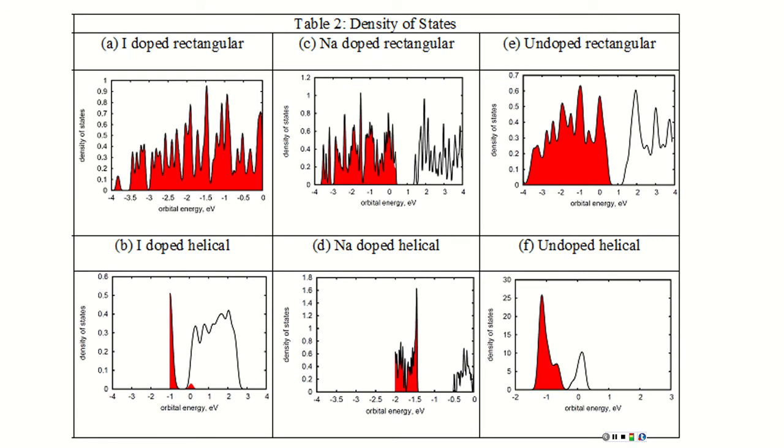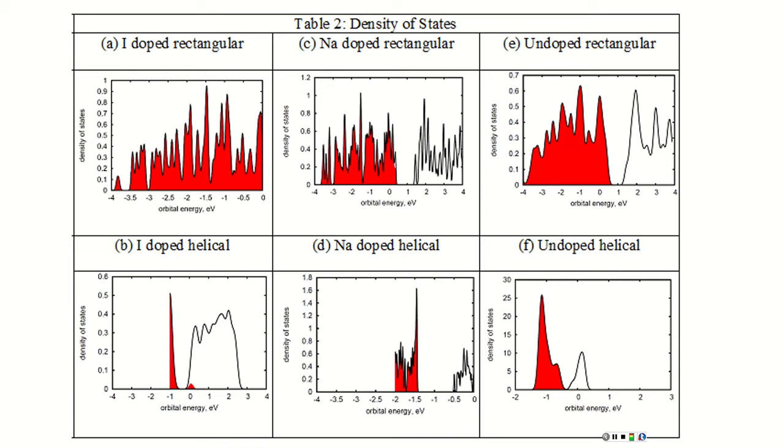Okay, and this table here is my density of states. As you can see here, the two undoped graphs in this column have the smallest band gap. And then the Na doped nanowires in this column have the largest band gap.